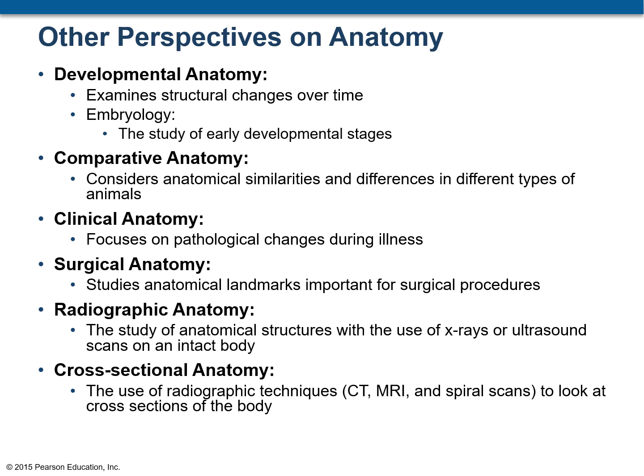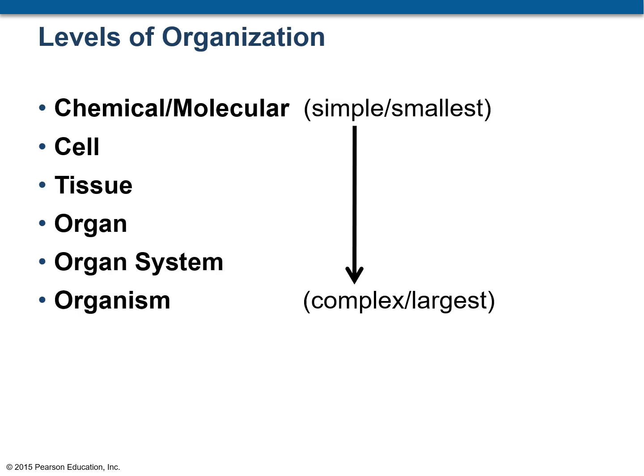Radiographic anatomy, from the name itself, you see radiographic. So these are structures that can be seen with the use of X-rays or other imaging techniques such as ultrasound. Cross-sectional anatomy means when you use certain radiographic techniques like CT or MRIs, and you're looking at different sections of the body.